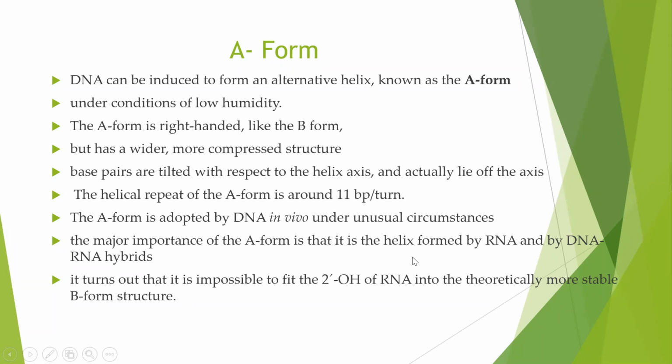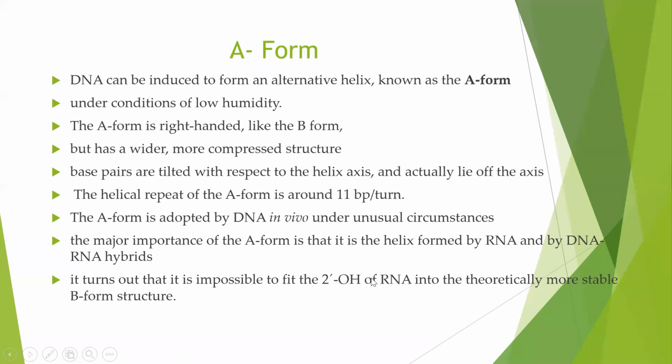Because as we all know, the RNA has ribose sugar. When it is ribose sugar, at the second carbon atom, there is a hydroxyl group instead of a hydrogen group. In case of deoxyribose sugar, which is present in DNA, we have the oxygen atom missing at the second carbon atom of the pentose sugar.